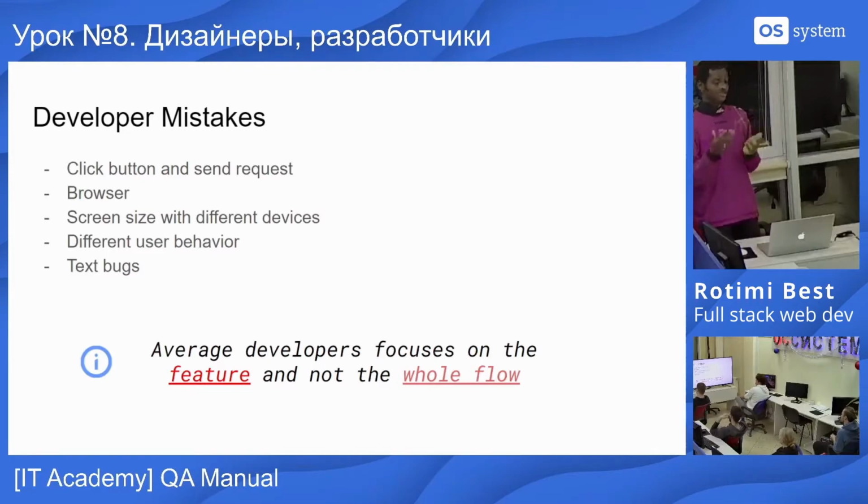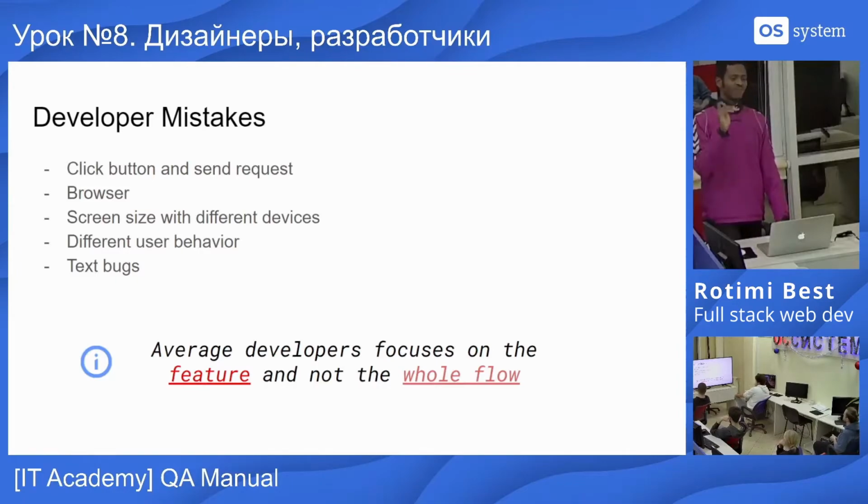Different user behaviors, like I said, multiple clicks and so on. One of the common bugs is simple text, like spelling. Spelling can be wrong, and developers also might not check for spelling. Why? Now, to the quote that's here. Average developers focus on the feature and not the whole flow.